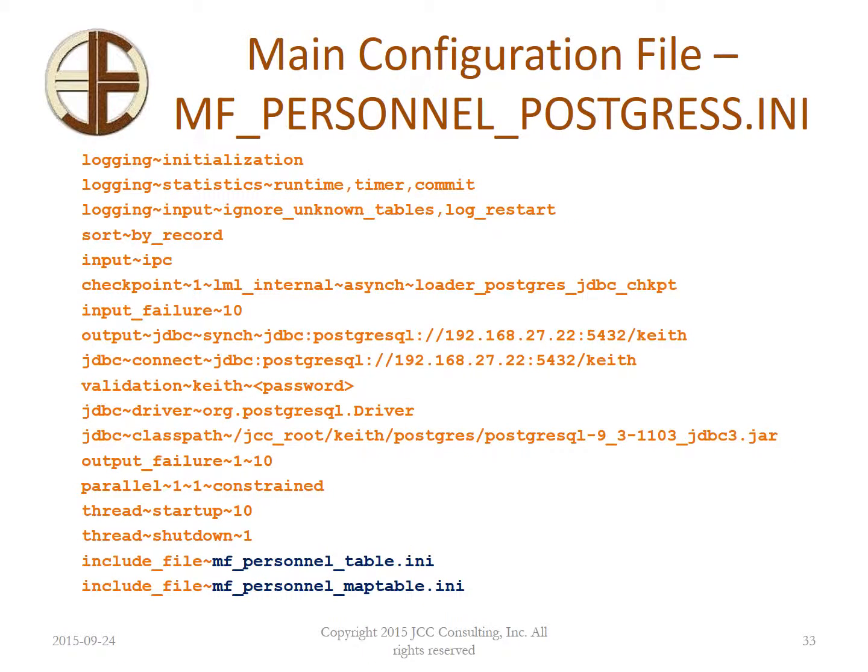The INI file has some information in it about logging, information about a checkpoint, and information about the JDBC driver, where the target is, what the driver name is, how we're going to log into the target, and where to find the driver file. And down at the bottom, we've got the includes I was talking about, where we include the MF personnel table.ini and the map table.ini.